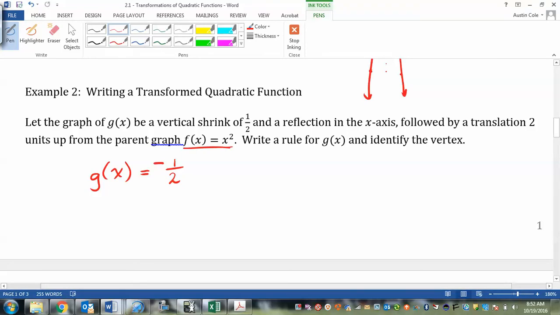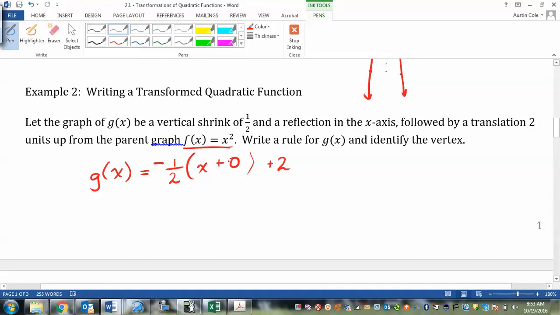And then followed by a translation 2 units up. So here we go, I'm going to have x, and leave some space for our h, and then our k. So what's the 2 do? Where's that go? Plus 2 at the end. Are we moving it side to side at all? We're not moving it side to side. So it's like plus 0.